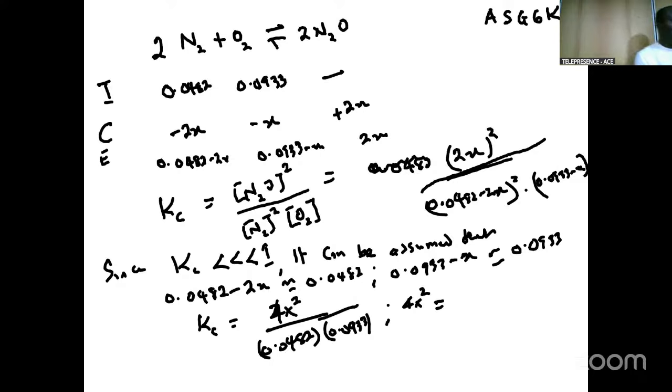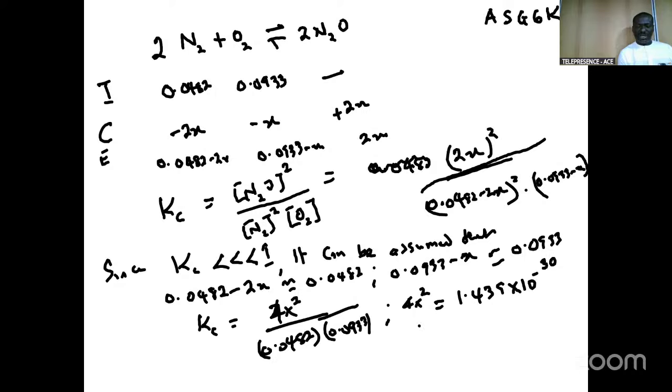The Kc that we're given, rather. Okay, and that should be equal to 1.439 times 10 raised to power minus 30.